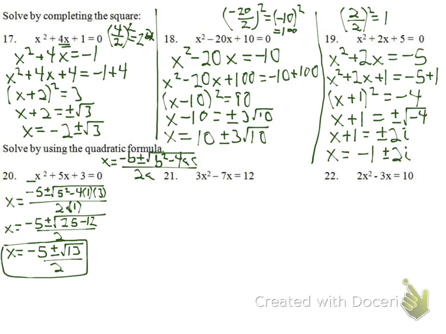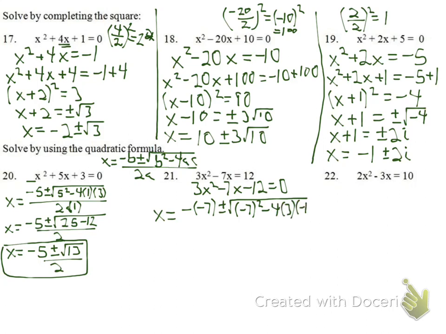21, before we solve with quadratic, we have to get everything on the same side, so that's 3x squared minus 7x minus 12 equals 0. So now our quadratic formula will be negative negative 7 plus or minus the square root of negative 7 squared minus 4 times 3 times negative 12.